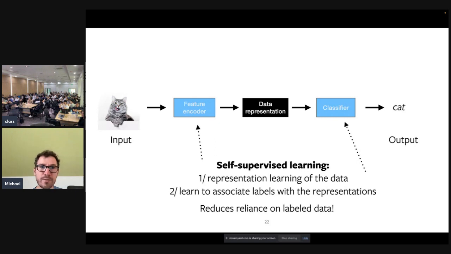And then once the self-supervised learning step is completed, we can learn a classifier on top of this data representation to associate it with labels, i.e. that the representation of this picture corresponds to the label cat. And this also reduces the reliance on labeled data.